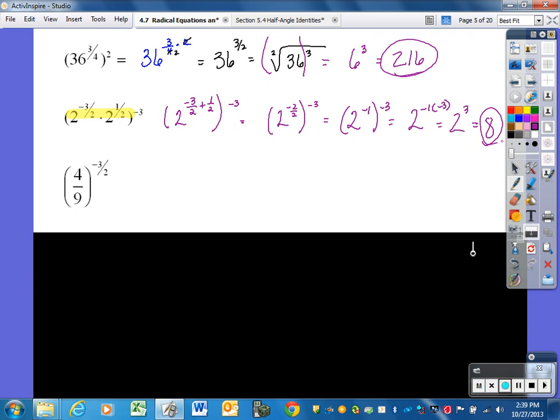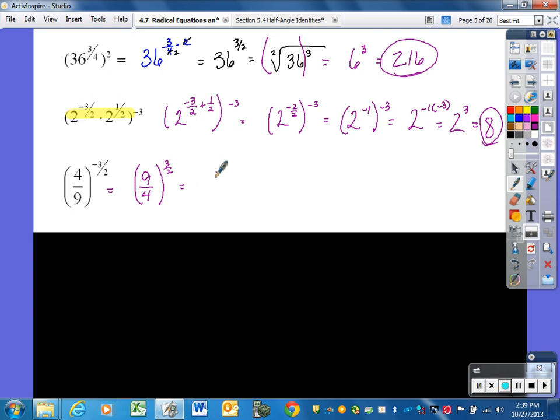Four ninths to the negative 3/2. Negative power says reciprocal your base, and then raise it all to the positive power. Now before, the reason this works is because my denominator was 1. But this time I have a different denominator, so I must raise the whole thing to the power.